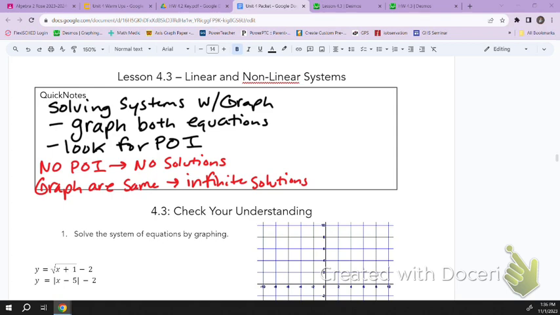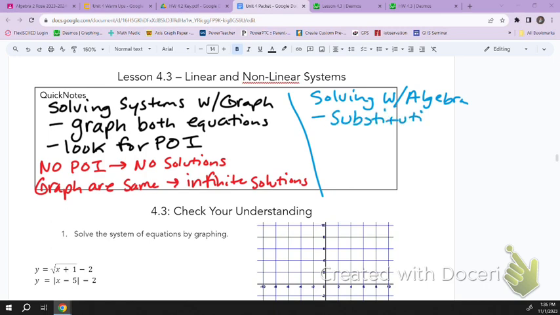We have some methods for solving with algebra. We did this a couple units ago. What are some methods to solve with algebra? We did graphing. There were 4 of them. Remember substitution?